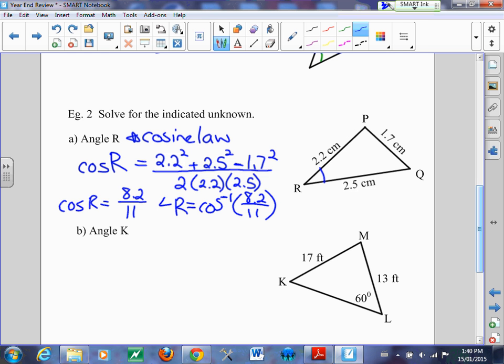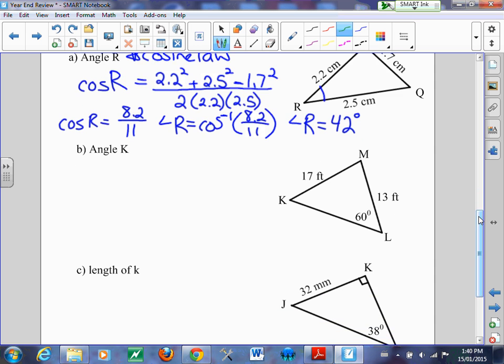Plug it in your calculator, ladies and gentlemen, and you're going to get R equals approximately 42 degrees. Everybody good with that?